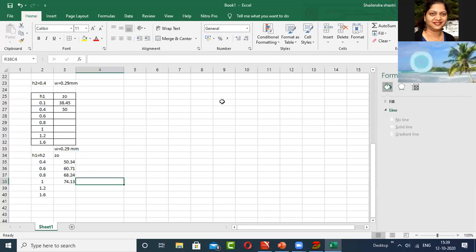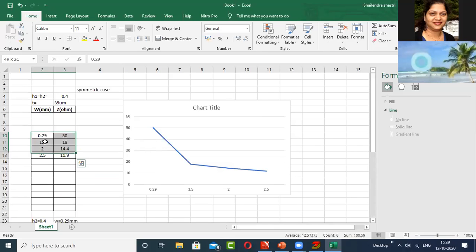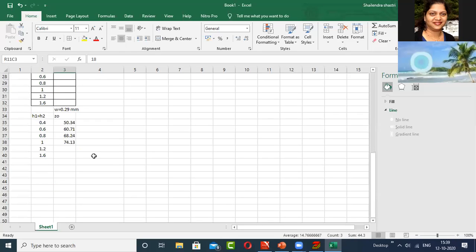If you want to avoid such a situation, you can refer to this characteristic behavior, that as the width increases, the characteristic impedance reduces. So in order to have a larger width W, you can increase the characteristic impedance by increasing the heights H1 and H2. And after that, you can work on the width.